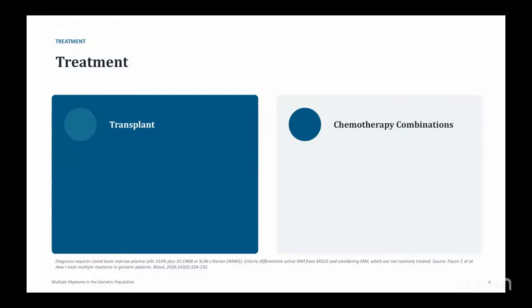Now, in multiple myeloma, the treatment, other than the emergency one, falls between hematopoietic cell transplantation or autologous transplantation, according to guidelines with chemotherapy before it, and then the transplantation, and then the follow-up, or for those who are transplant ineligible, chemotherapy combinations.